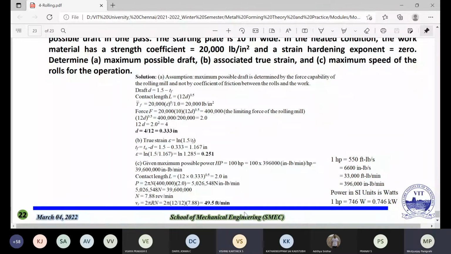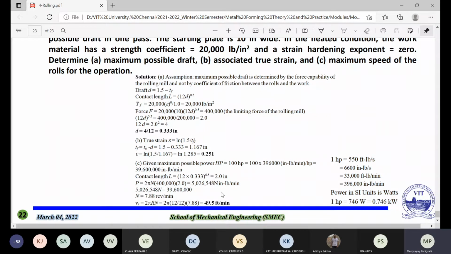Sir, the last part I am asking: VR equal to 49.5 feet per minute or inch per minute, or after inch it is already converted to feet per minute? Just cross check this one. I will check again. I did this actually yesterday, but I could not find where I did it. Maybe it was inch per minute, or maybe after inch it is already converted to feet per minute.